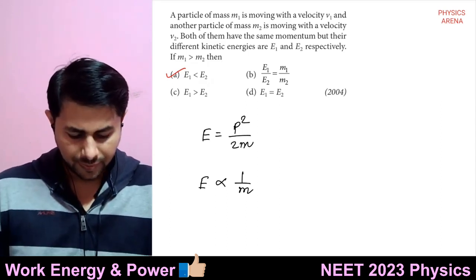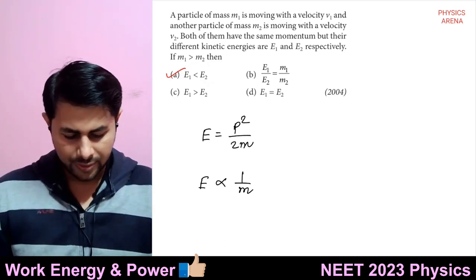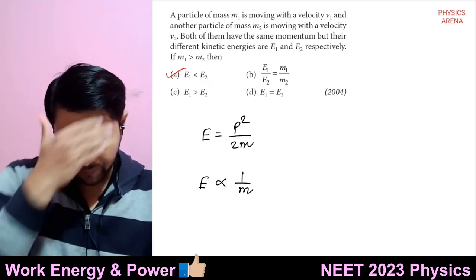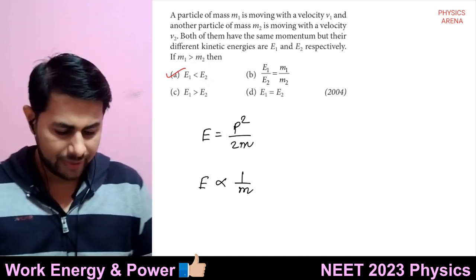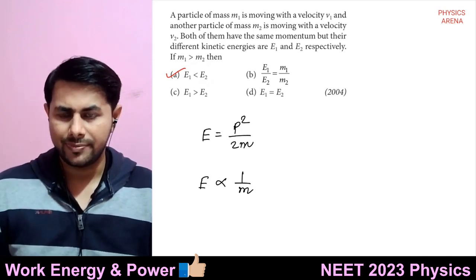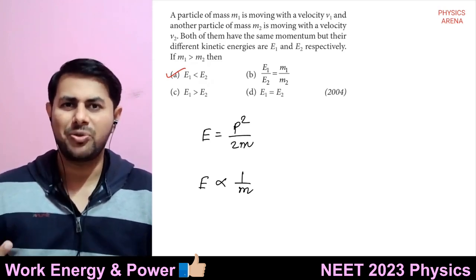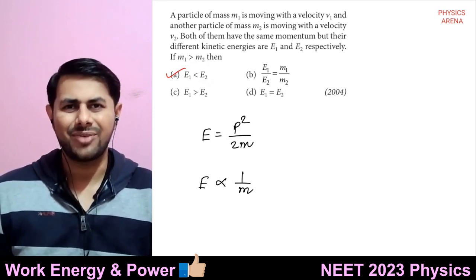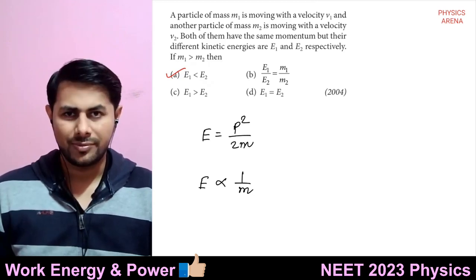So this thing should come into the mind very instantaneously. E equals P square upon 2m. Just like when we say kinetic energy, two formulas should come to our mind now. One is half of mv square, second is P square upon 2m.